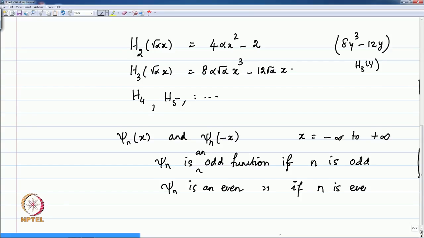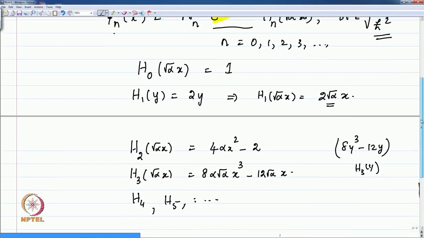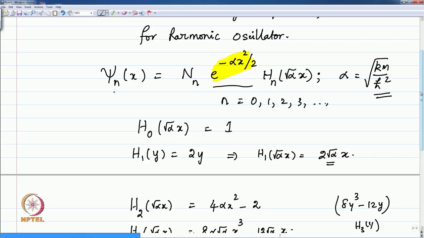Okay. And this is quite obviously dependent on the properties of the Hermite polynomial that you see here, because the exponential of minus alpha x square is always even, whether it is plus x or minus x.